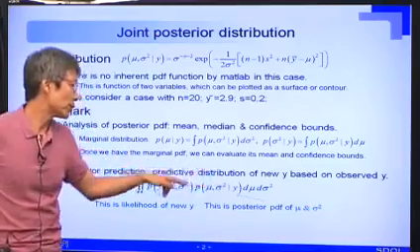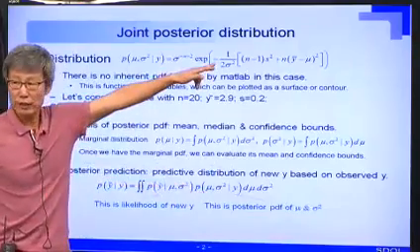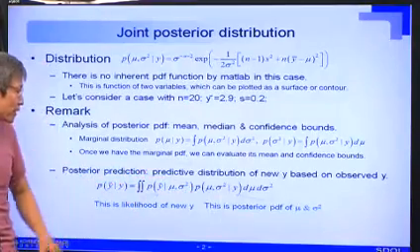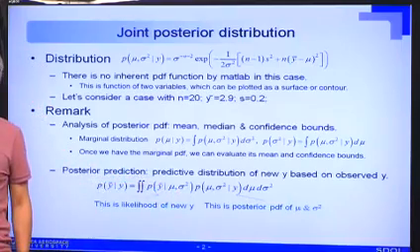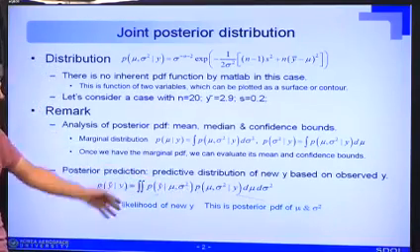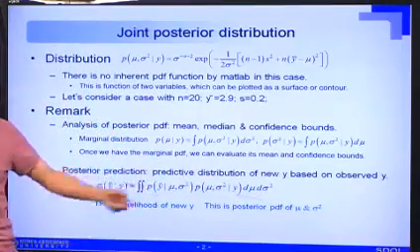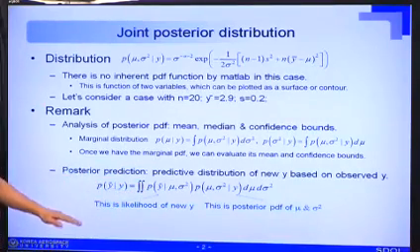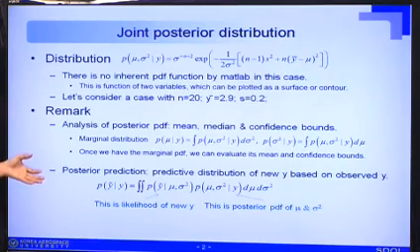And this is the posterior distribution we obtained, and this is the likelihood of the new prediction based on the obtained two parameters. Multiply these two and also integrate out with respect to the two parameters. And the two parameters will disappear at the end, and we get another kind of distribution. This is called the posterior predictive distribution. We have to perform the integration for these two.